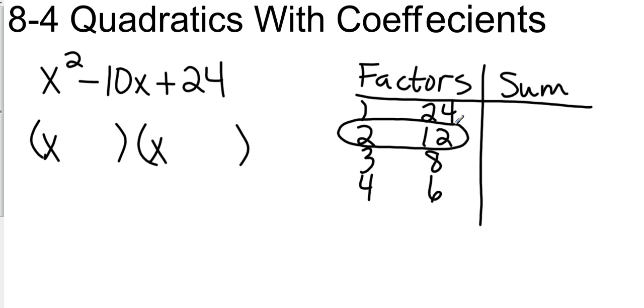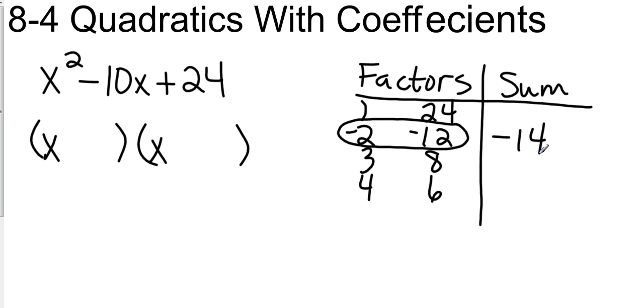Now, positive 2 and positive 12 gives me 14. So what's another way I can multiply together to get positive 24? Negative 2 and negative 12 gives me negative 14.